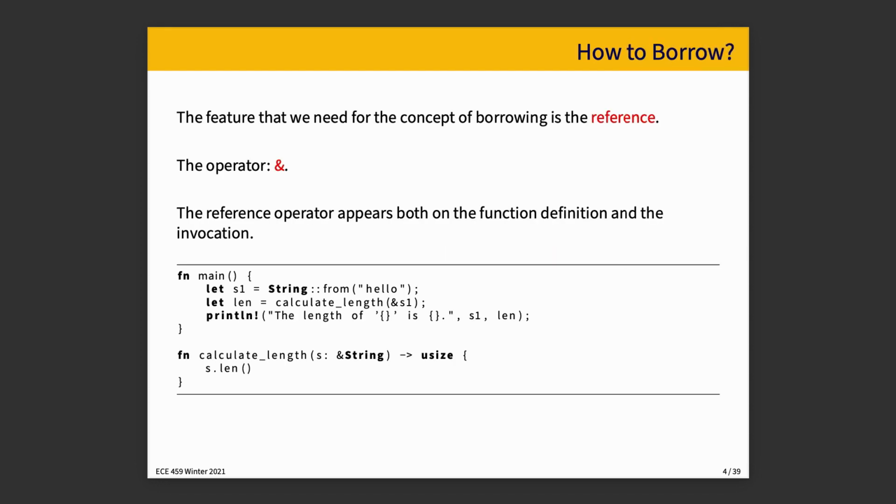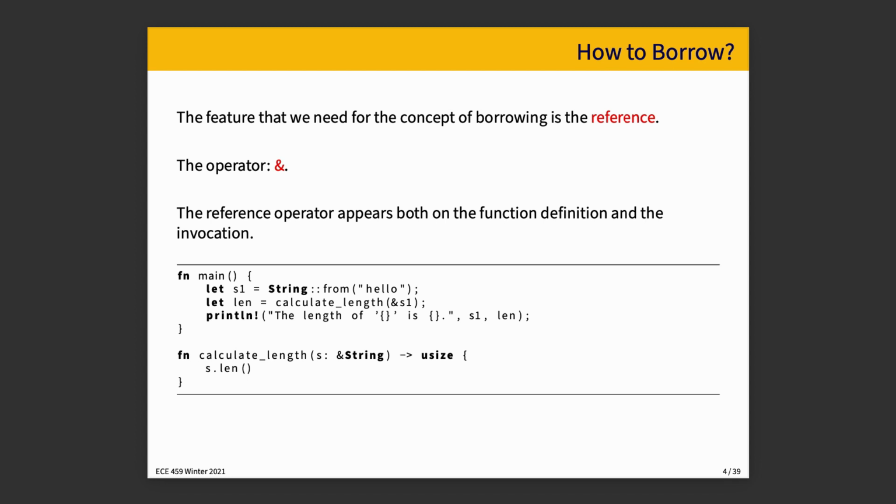Now, how to borrow? The feature that we need for the concept of borrowing is a reference. And the reference uses the ampersand symbol. In C, this was the address of operator. Here it's the ampersand, and that's probably what we'll call it. The reference operator, its official name, appears both on the function definition and the invocation.